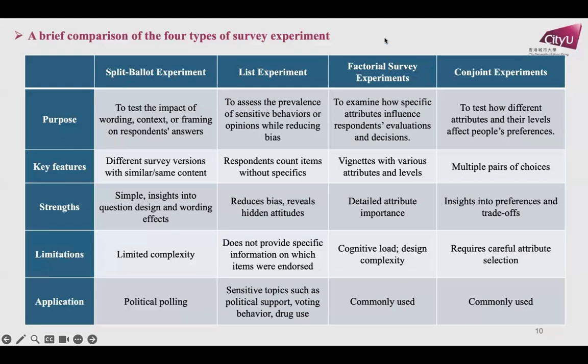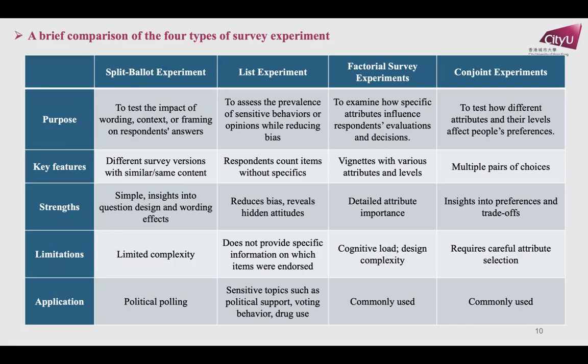Here is a brief comparison of the 4 types of survey experiment. For the split ballot experiment, the purpose is mainly used to test the impact of wording, context, or framing on respondents' answers. The key feature is that it uses different survey versions with similar or the same content, but only changes the order or the framing structures.